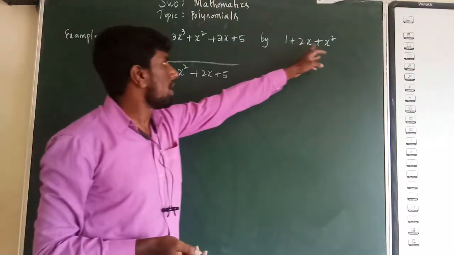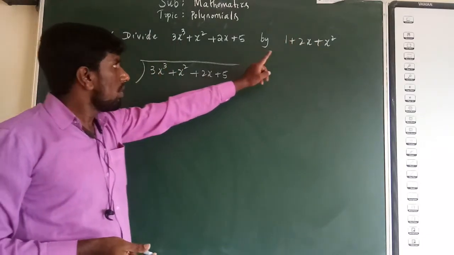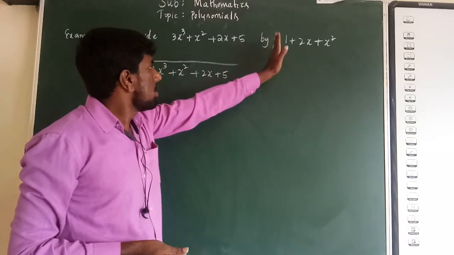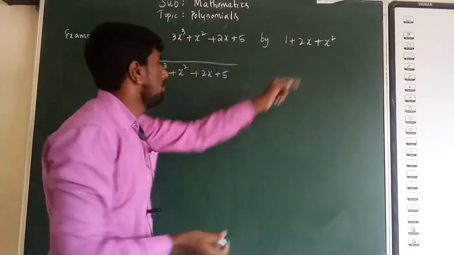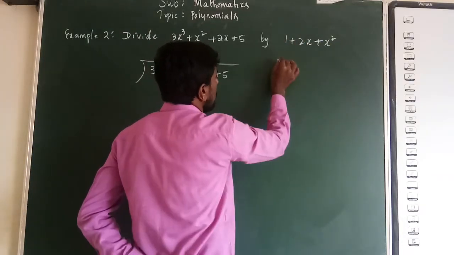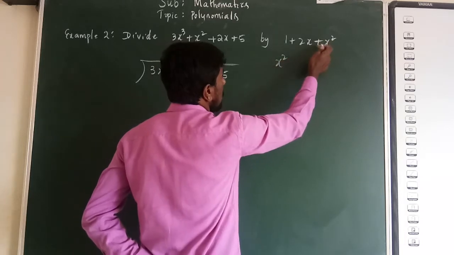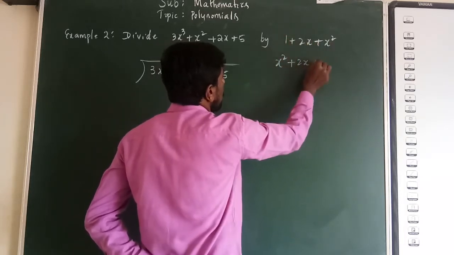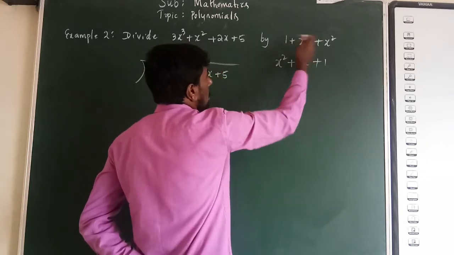By this polynomial, right? Remember that while writing a polynomial, always write the higher degree first, then in decreasing order. Now it is not in that form, so we should write the higher degree first, that is x square with the same sign, positive, plus 2x plus 1. The sign should not be interchanged.